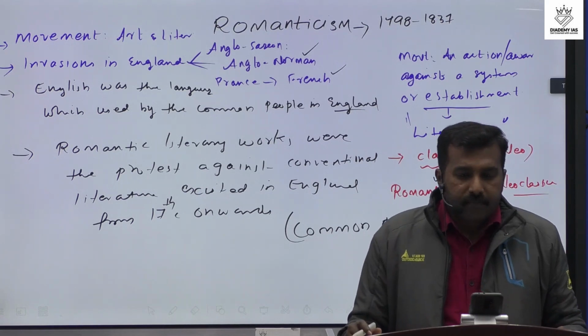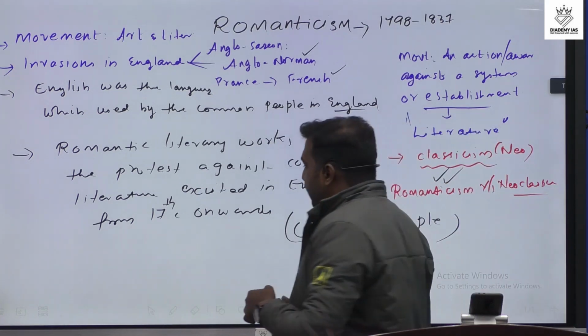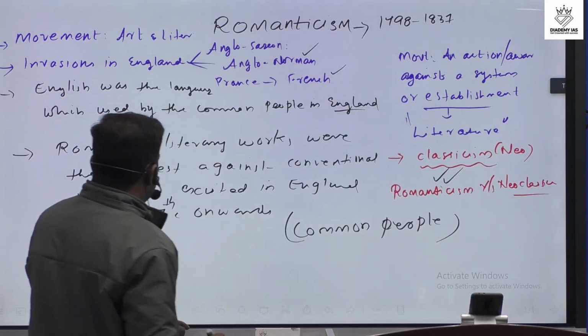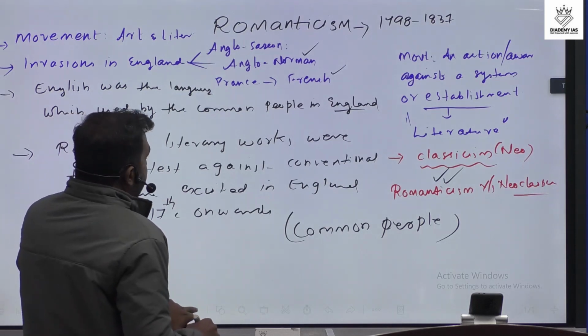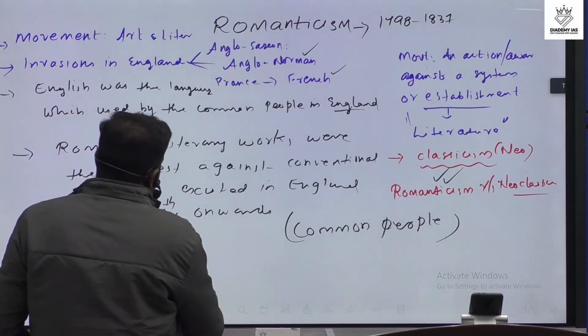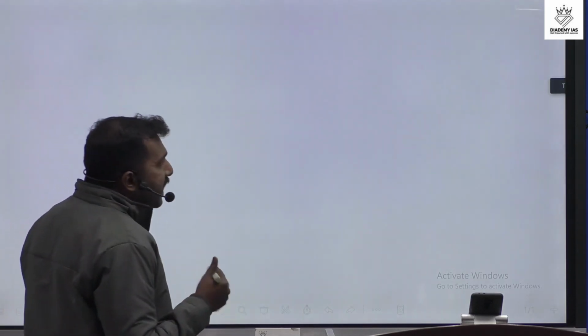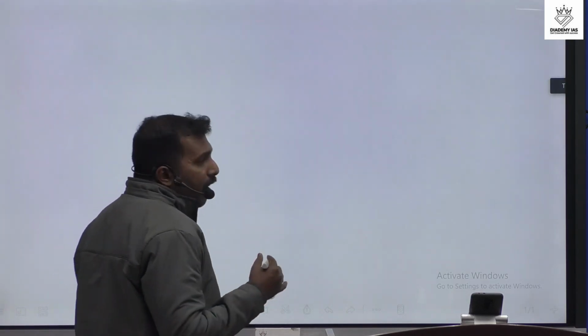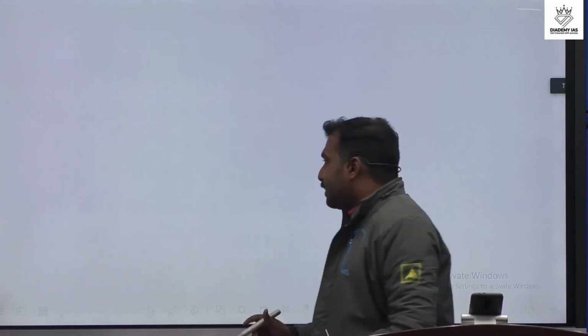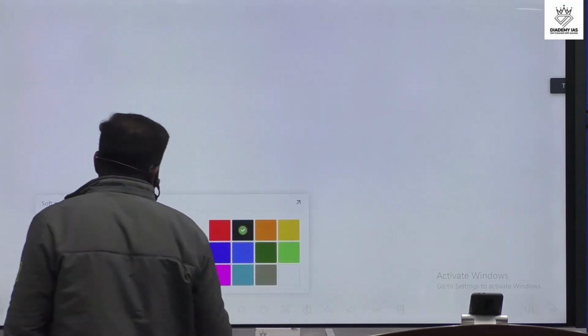Okay. Then next we can discuss the beginning of Romanticism, how the Romantic age started. Here we can discuss an important literary work, the publication of Lyrical Ballads.